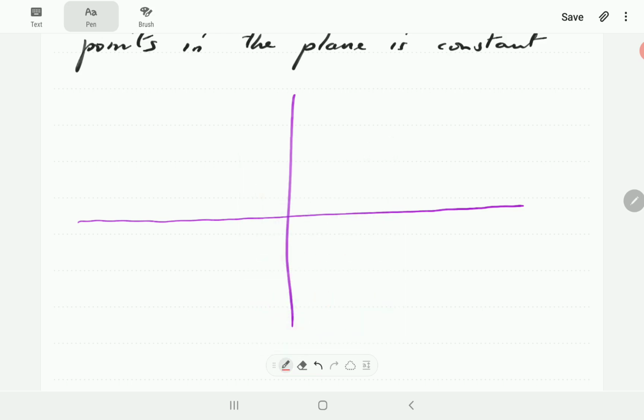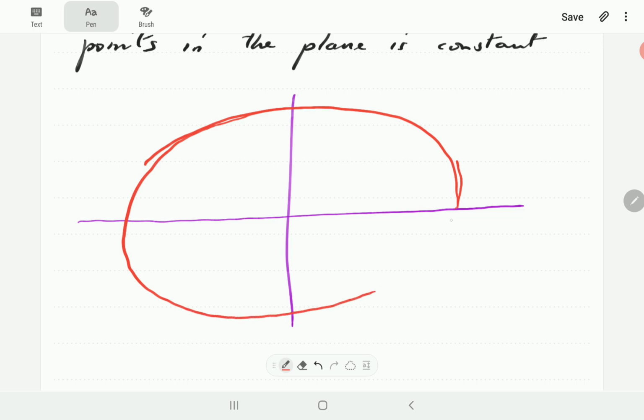If this is the xy plane, an ellipse can, for instance, be oriented as follows.